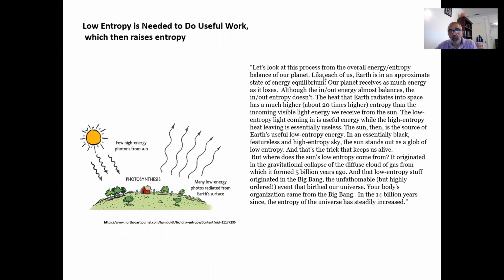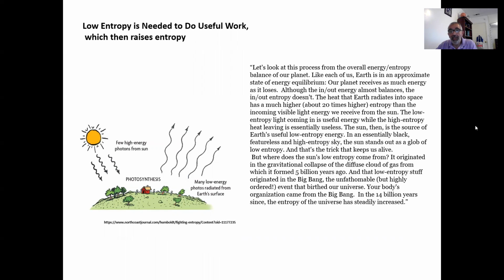So let's just read this together from this website. So let's look at this process from the overall energy entropy balance of our planet. Like each of us, Earth is in an approximate state of energy equilibrium. Our planet receives as much energy as it loses. Although the in-out energy almost balances, or really it does balance, the in-out entropy doesn't.